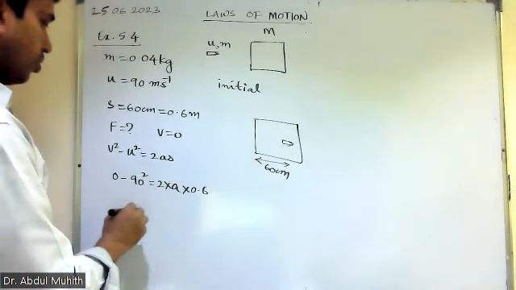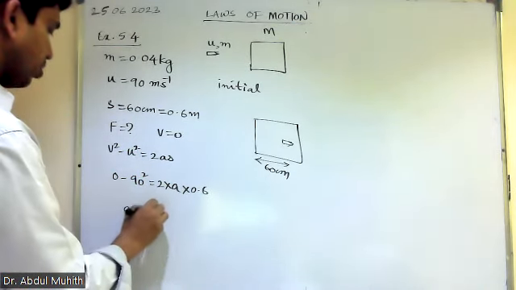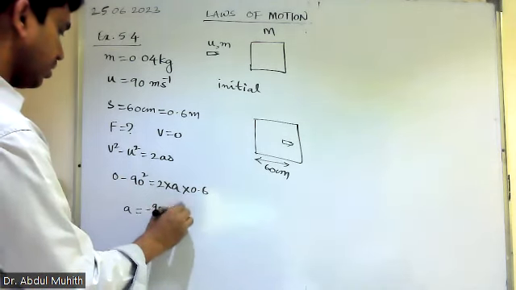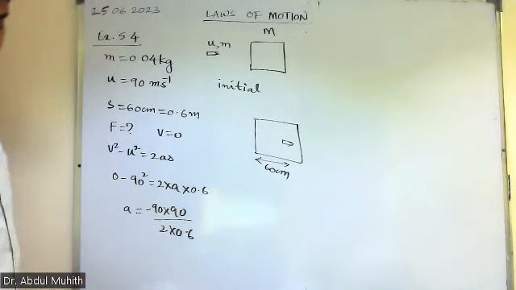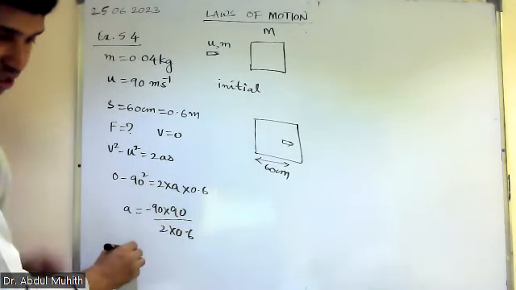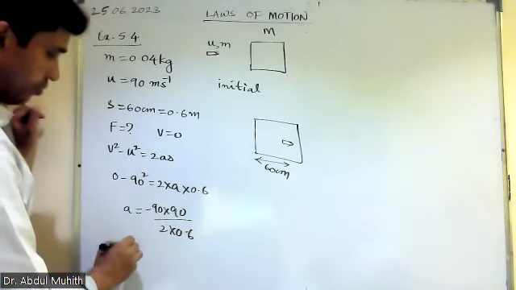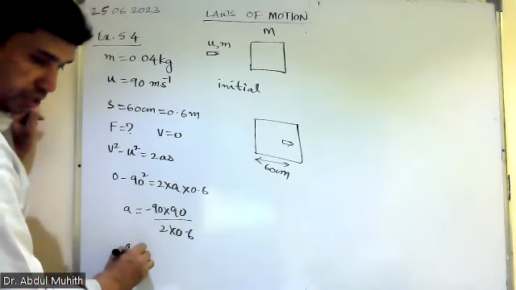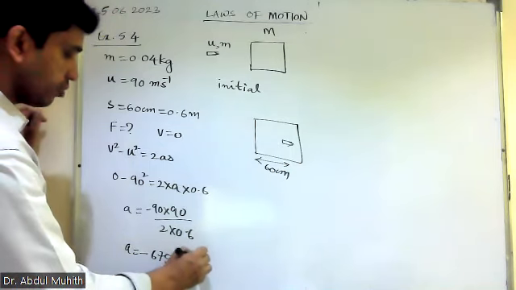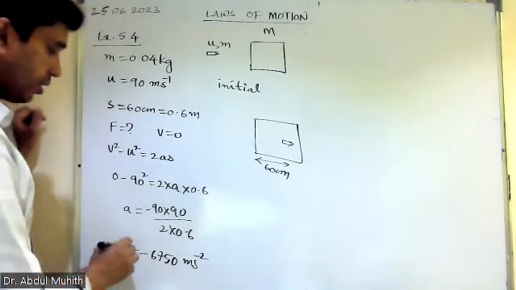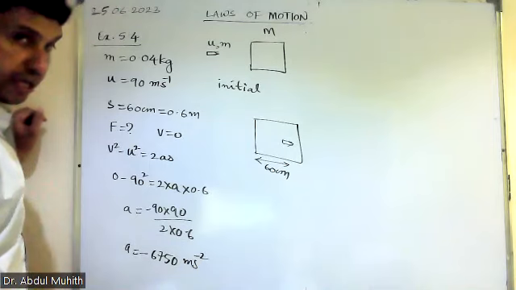So what do we write now? a is equal to minus 90 into 90 divided by 2 into 0.6. So we get a equal to minus 6750. Minus means it is retarding force, retarding acceleration, retardation or deceleration.